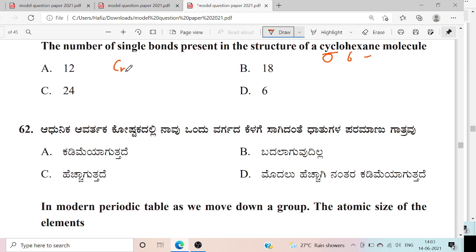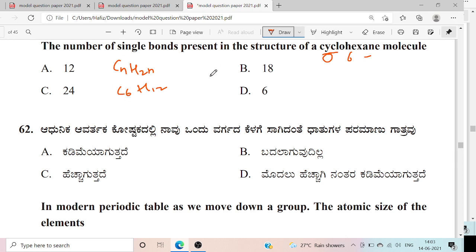So first let me write the general formula of cycloalkanes, that is CnH2n. Now the n value is given here, that is 6. So C6H12, since 2 times 6 is 12, this is the chemical formula.